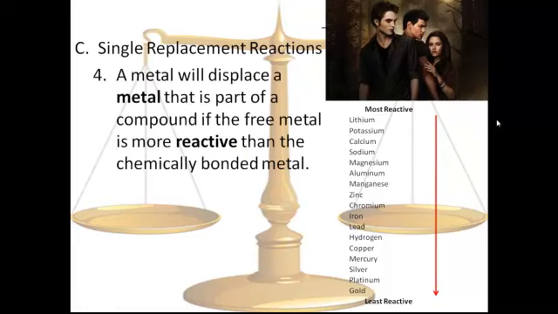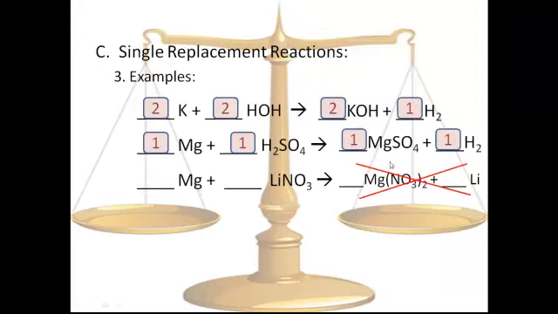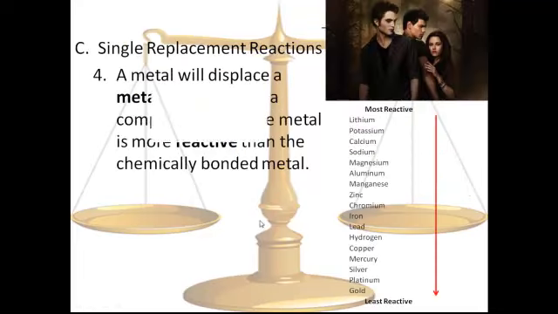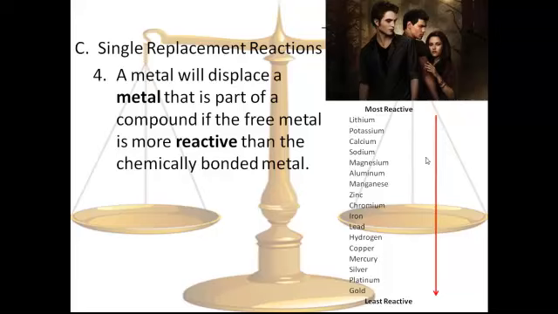In order for a single replacement reaction to take place, the solo metal that's coming in to kick out the pair must be more reactive than the metal already in the pair. So for example, in the previous slide, magnesium was not reactive enough to kick out lithium. The metal that's by itself needs to be more reactive than the other.